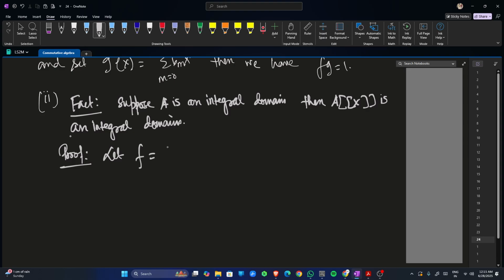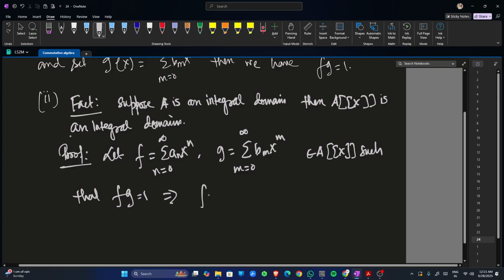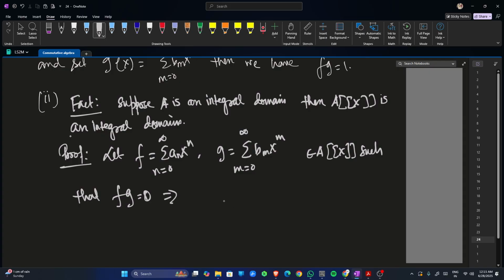Let f equal to summation an x^n, n equal to 0 to infinity, and g equal to summation bm x^m, m equal to 0 to infinity, belong to the power series ring such that fg equals 0.